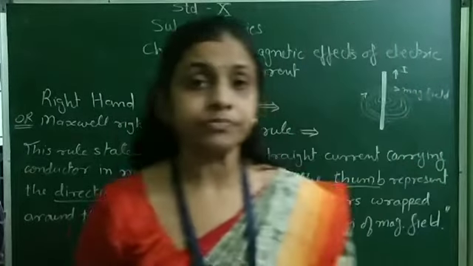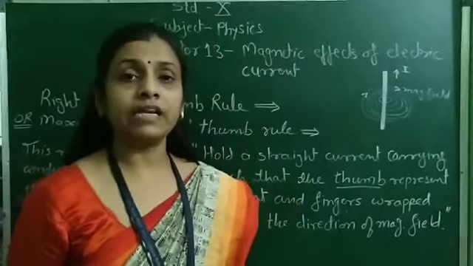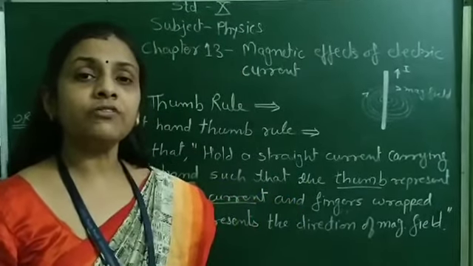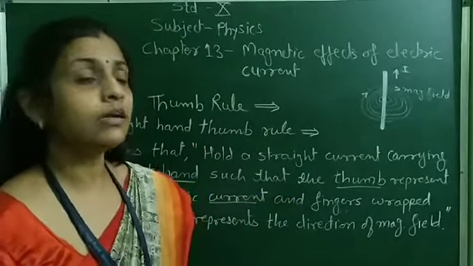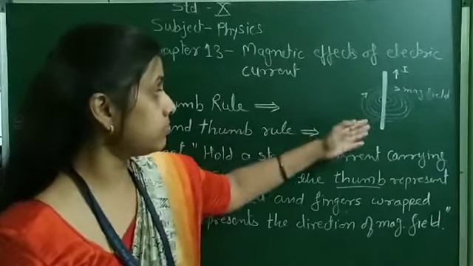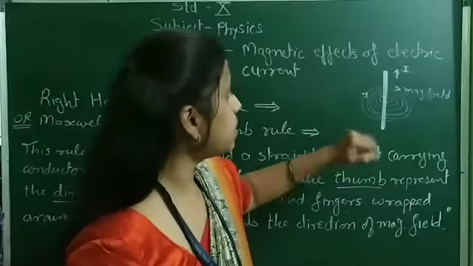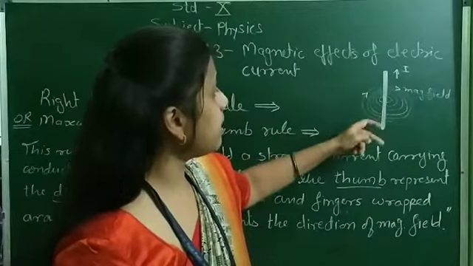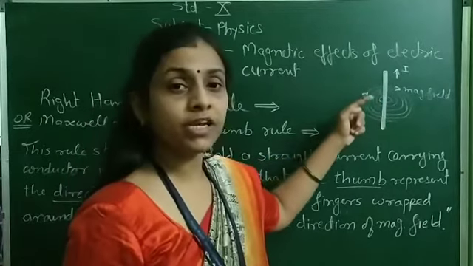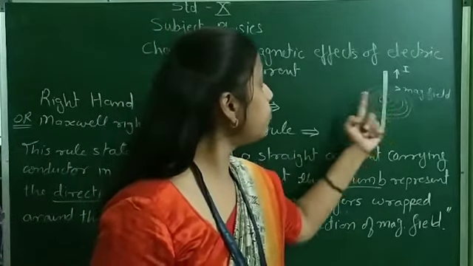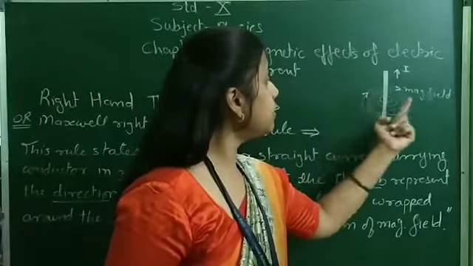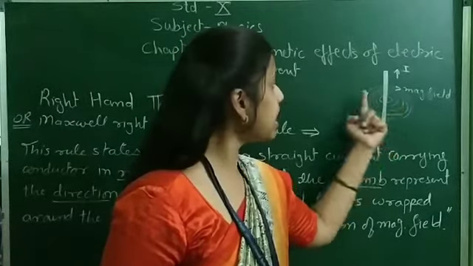As we have seen in the activity for the magnetic field due to current through a straight current carrying conductor, this is a straight current carrying conductor, and the magnetic field is produced in the form of concentric circles like this.